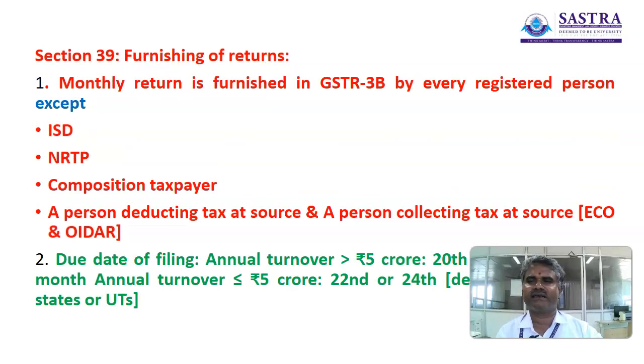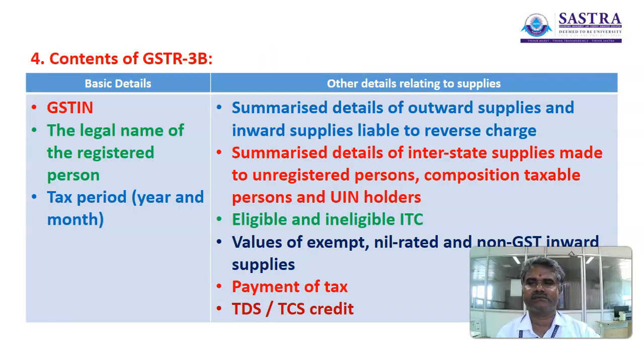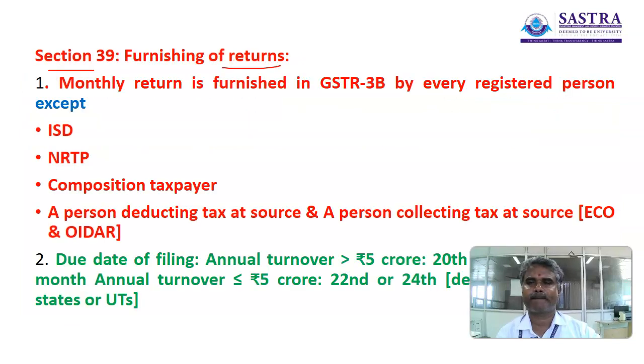Section 39, furnishing of returns. Monthly return is furnished in GSTR 3B by every registered person.